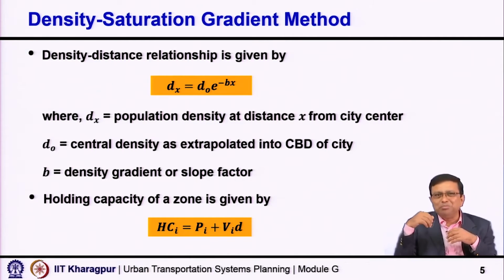So, per square meter or square kilometer or whatever per unit area, how many population we can have. That depends on the rules and regulations of the city, how much development is allowed, what kind of development is permissible, in which zone. All such rules and regulations will govern this. So, HCi, the holding capacity of zone i, equals Pi plus Vi into D.